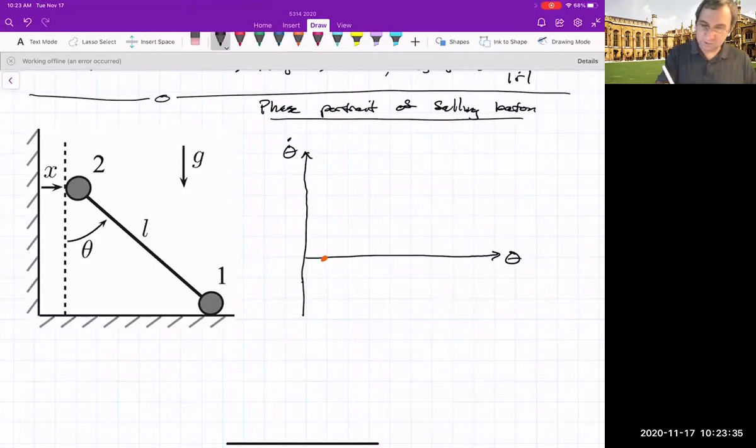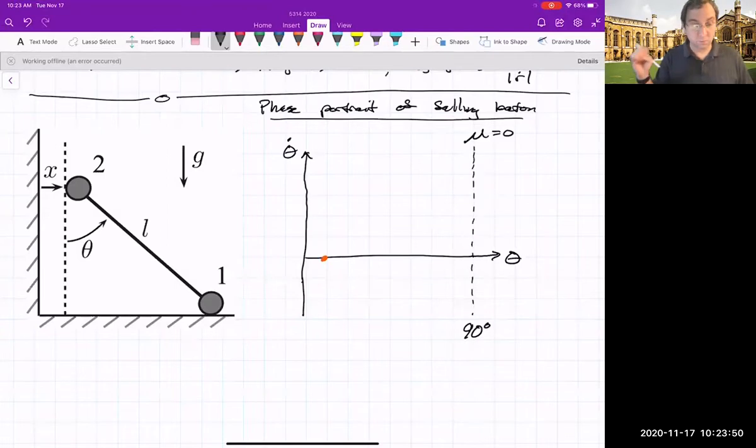And we'll start out with mu equals 0. There's no friction. But we should probably draw it here. This is 90 degrees. I'll use degrees just because it's intuitive. For the calculations, you want to use radians.